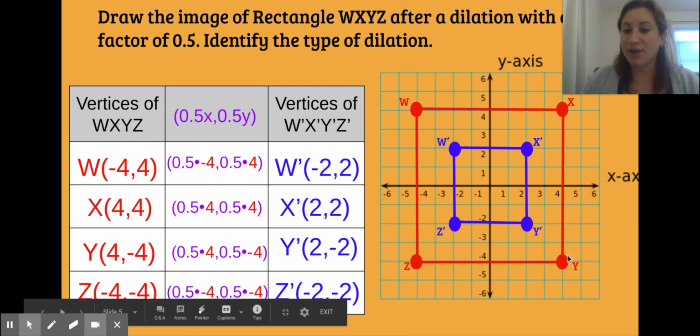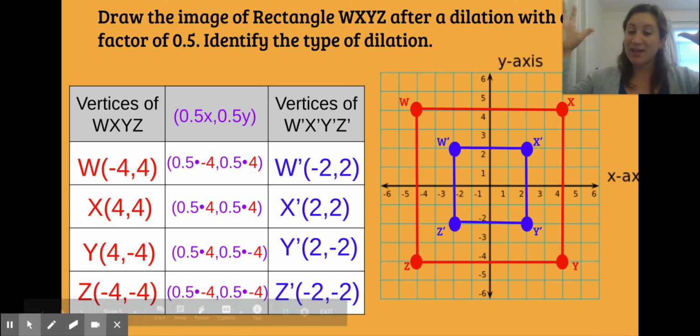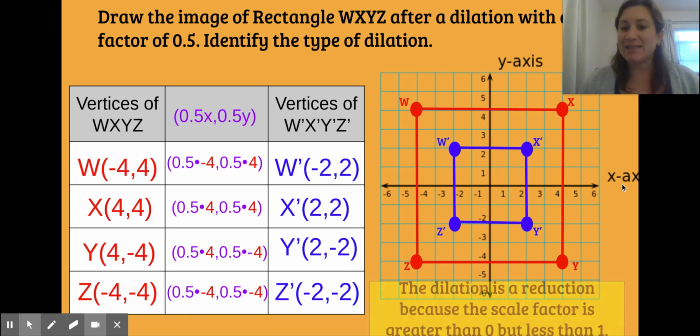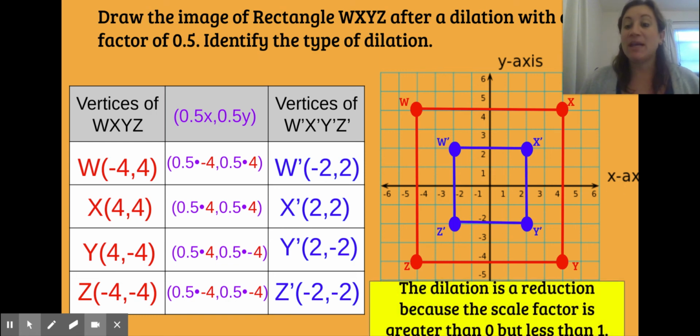Now that we have everything graphed, we can see that the original figure, WXYZ, is bigger than the new figure, the image, W prime, X prime, Y prime, Z prime. And therefore, it's a reduction. The dilation is a reduction because the scale factor is greater than 0 but less than 1. Our scale factor was 0.5.